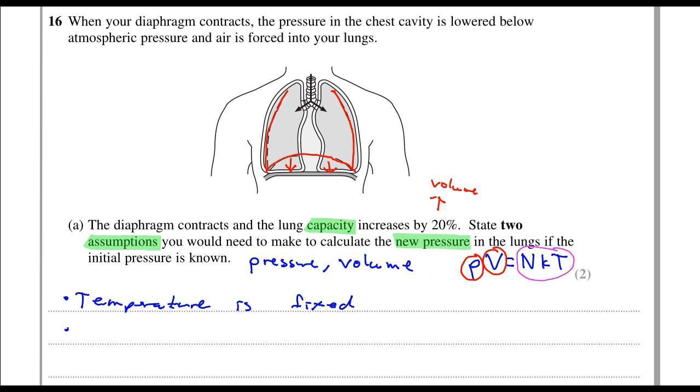So we need to also assume that the mass, which is determined by the number of particles there, is fixed. Well, another assumption is that to be able to use this equation in the first place, we need to assume ideal gas behavior.